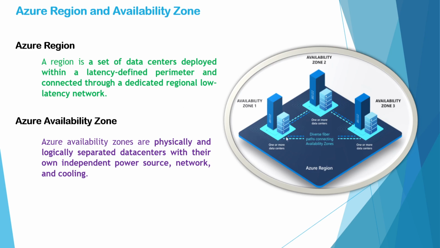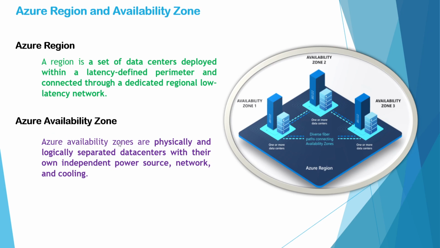And an availability zone is a different physical location where you can have a physical data center. As mentioned in the definition which I took from the Microsoft site, a region is a set of data centers deployed within a latency-defined perimeter and connected through a dedicated regional low-latency network. It means they are connected with physical dark fiber with a latency of 2 milliseconds.